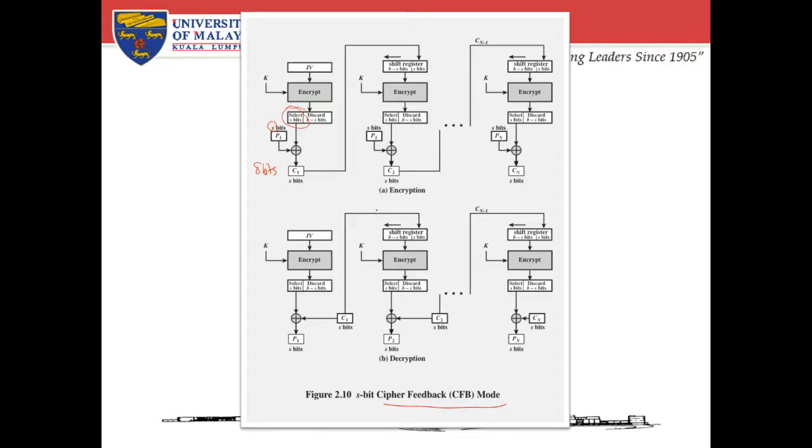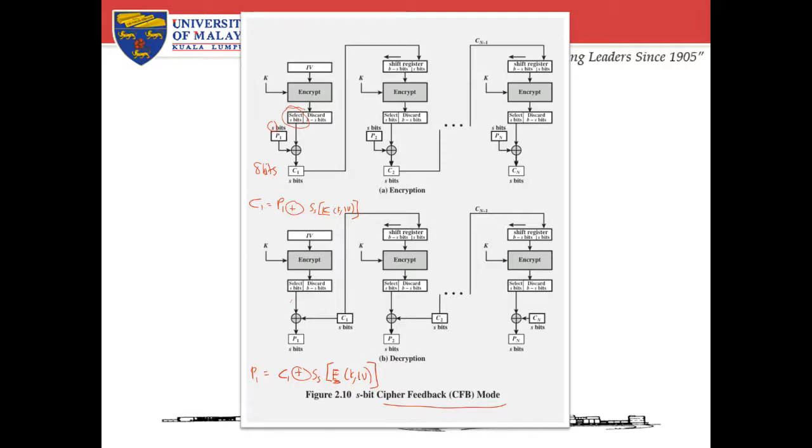If we try to write down the equation, C1 is equal to P1, plain text 1, XOR with the S bits of the encryption function of K and initialization vector. Okay, this is the C1. And for the P1, you have C1, you XOR with the S bits of the encryption function of E K IV.